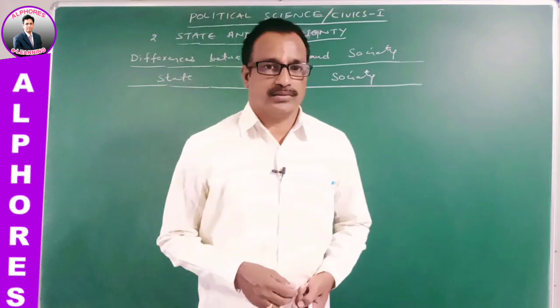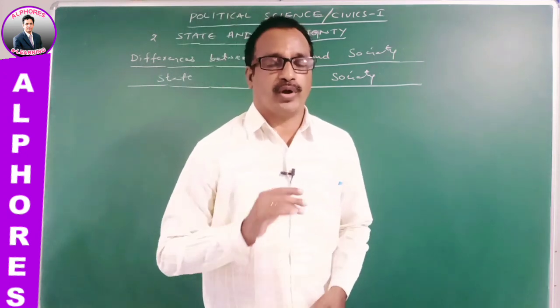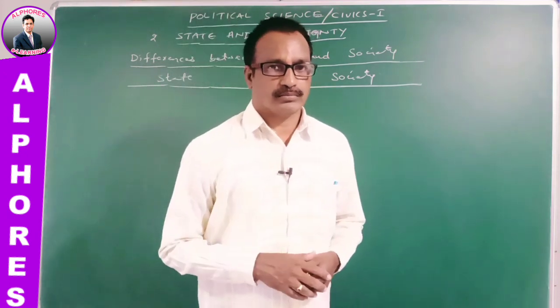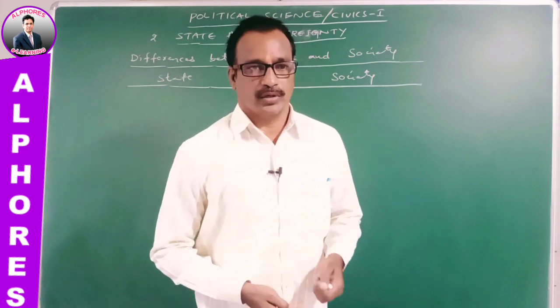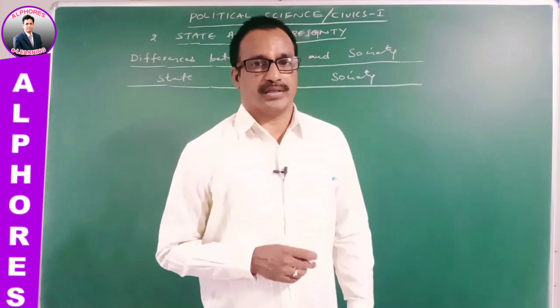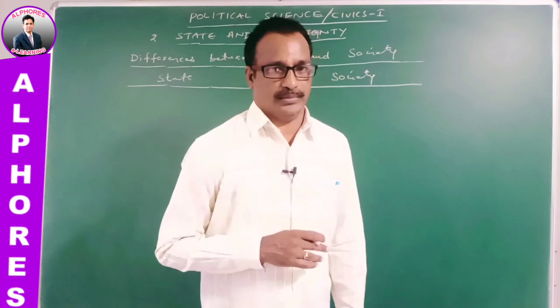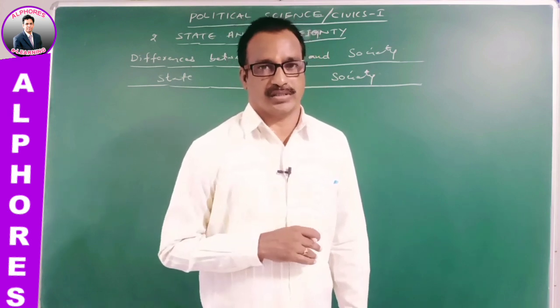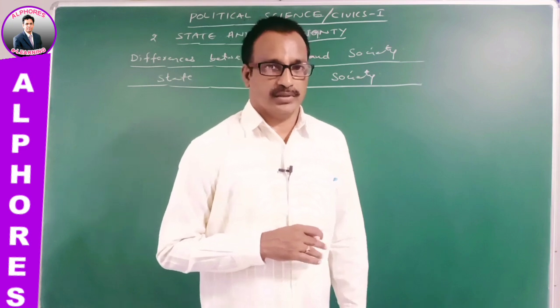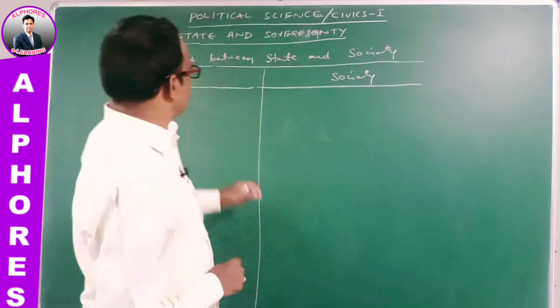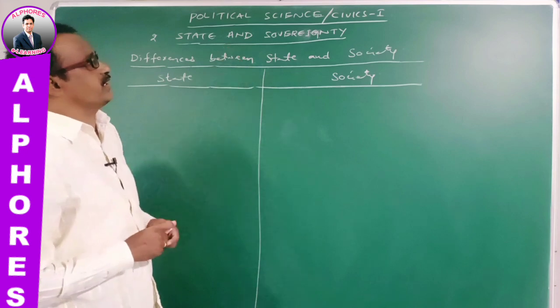Every state has how many elements? 4 elements. One is population, 2 definite territory, 3 government, 4 sovereignty. These are the 4 essential elements of state. So today's class is the differences between state and society.